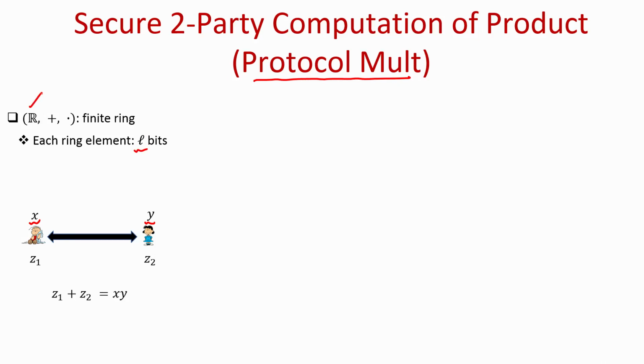So, you can imagine, say for instance, your ring R is the ring of all L bit integers, and all the operations are performed, say, modulo 2 power L. That could be one candidate ring where all the ring elements are represented by L bits, but in general it could be any abstract ring, but since it is a finite ring we can make an assumption that each element of the ring can be encoded by L bits.